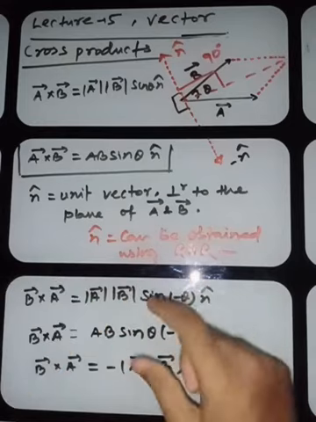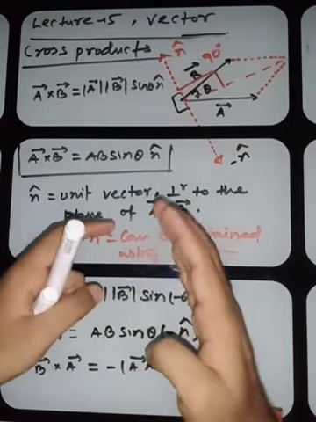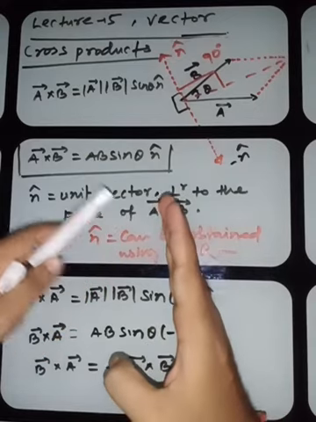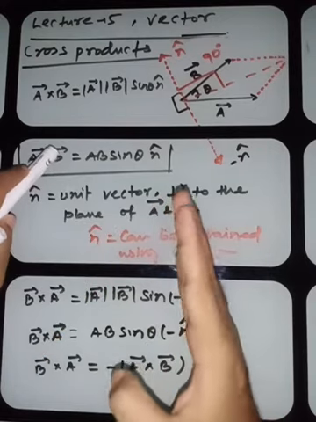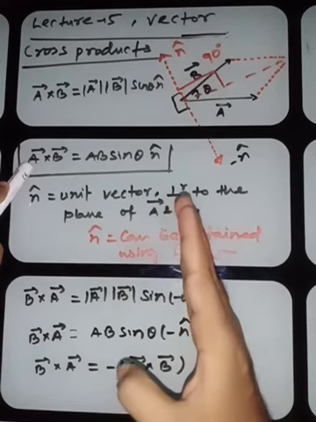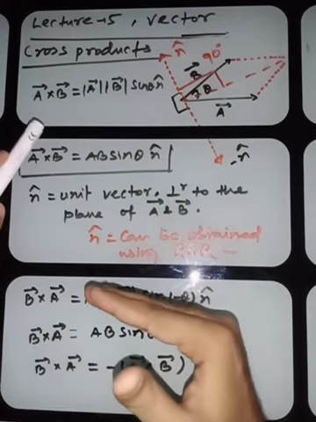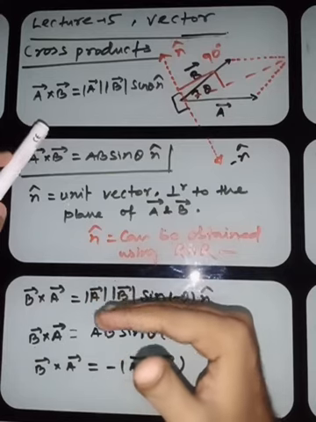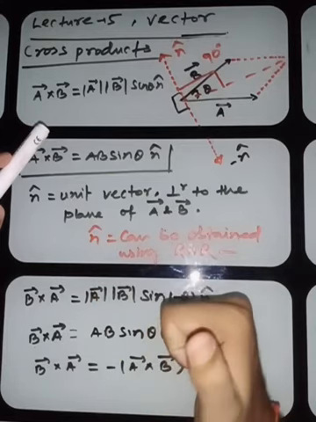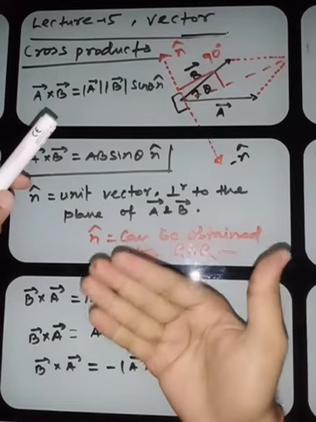Remember, students, if it is written A cross B, then you have to put your forefinger along the first vector, which is A, and you have to curl it towards the vector B. Then you have to keep the thumb perpendicular to the folding or the curling of this forefinger.